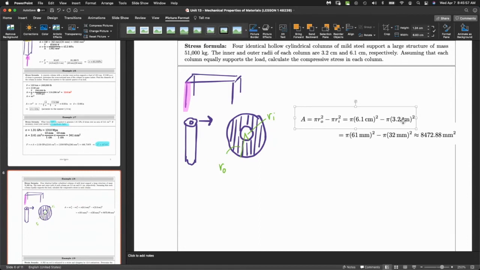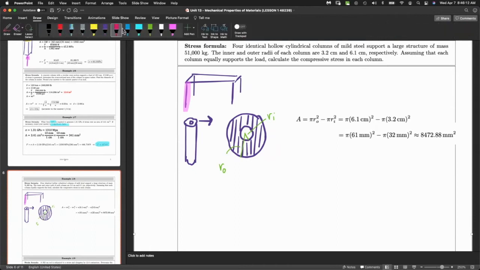Any questions about that calculation or about the design or the diagram here? Okay, so this structure, it has this thing here in yellow, this object is 51,000 kilograms. But we're saying that each column will equally share that mass or support that mass.